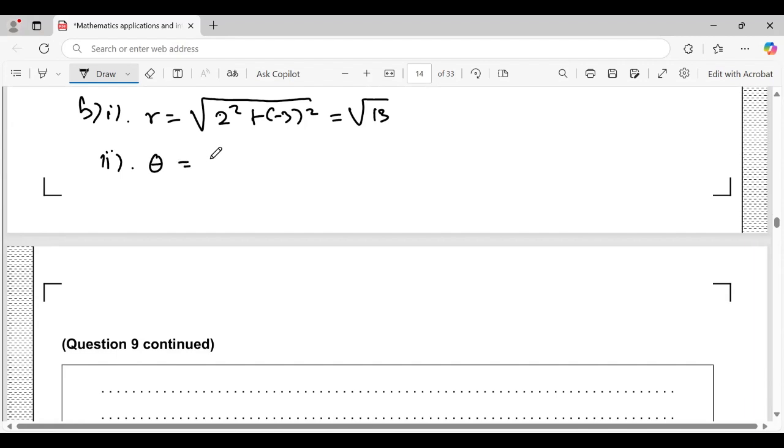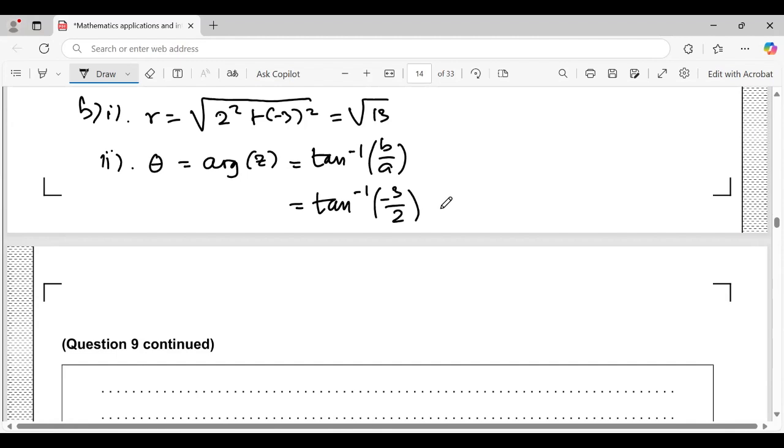Theta is the argument of Z. It is arctangent of B over A, or arctangent of minus 3 over 2. And the result is minus 0.982793. Rounded off, it becomes minus 0.983.